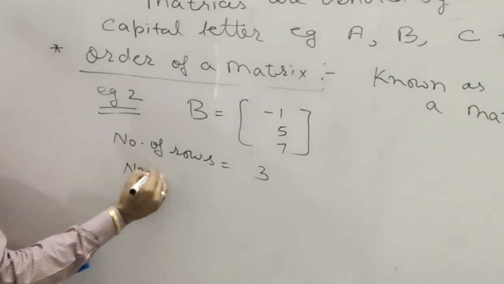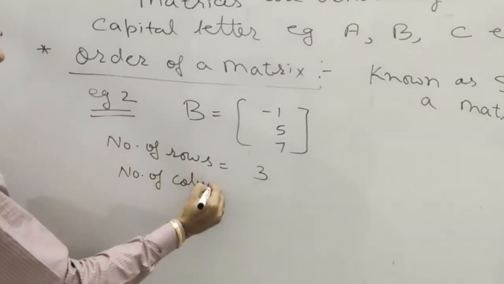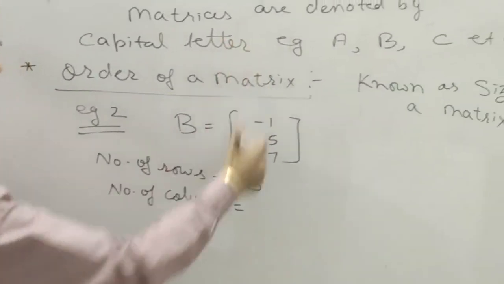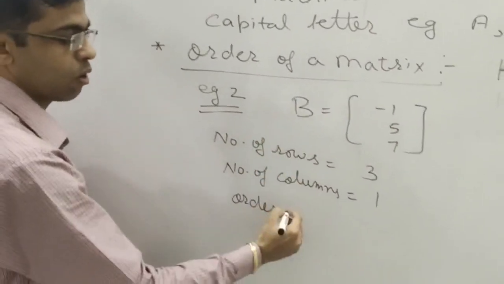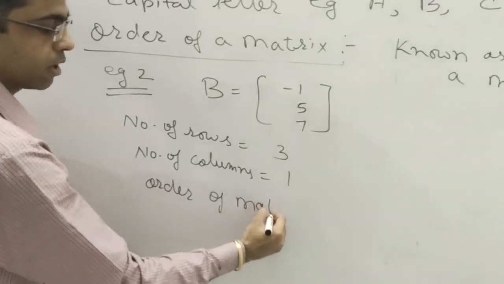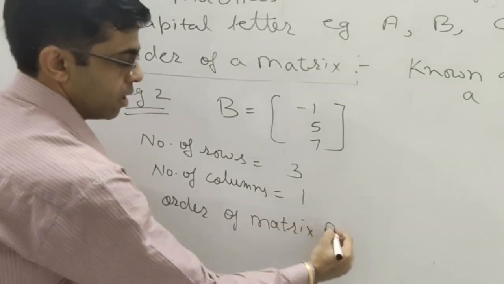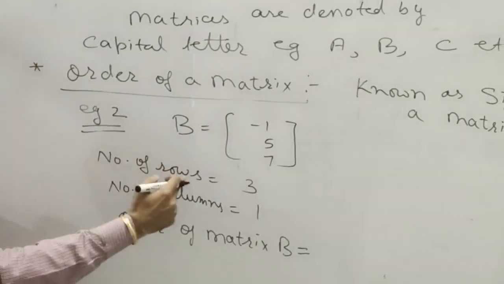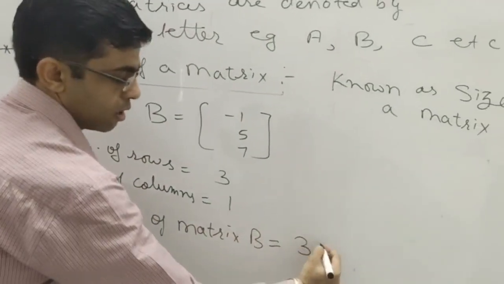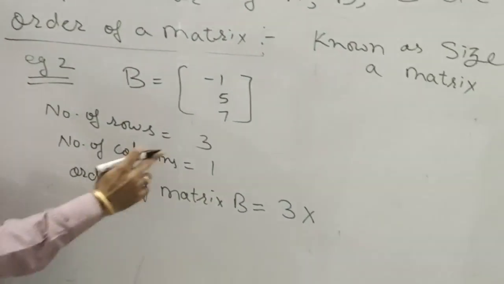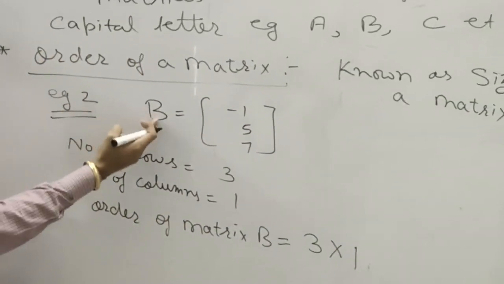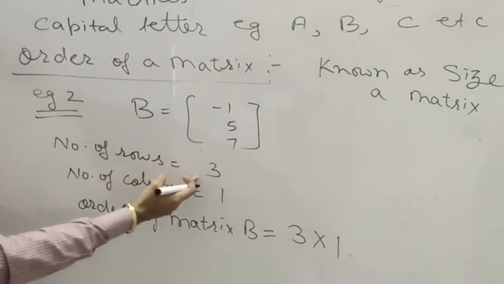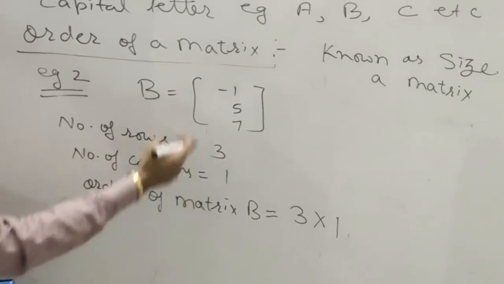The number of columns is only 1 line. So the order of matrix B will be, first the number of rows, then the cross symbol, and then the number of columns. The number of rows is 3 and the number of columns is 1.